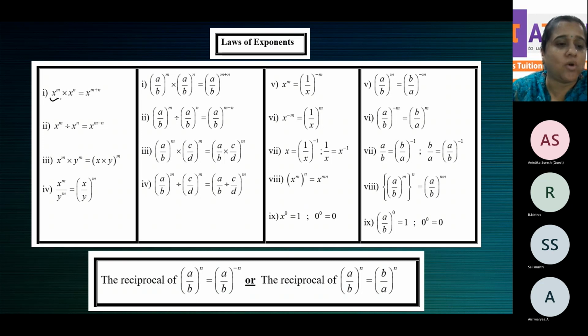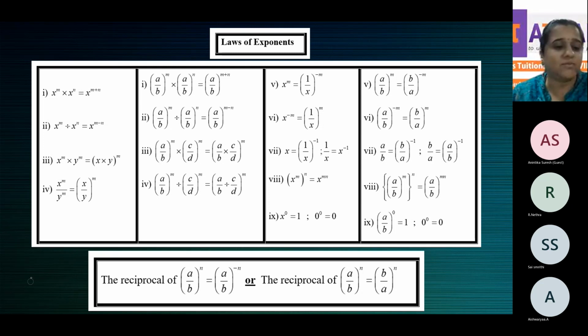The bases are same, x, x. The powers are different, m, n. And the operation is multiplication. So when bases are same and it's multiplication, add the powers. Write the base once, x, and add the powers, m plus n.